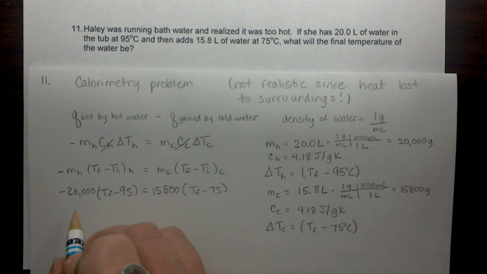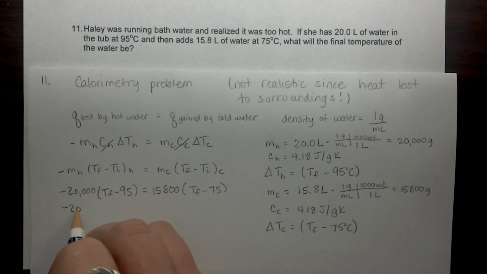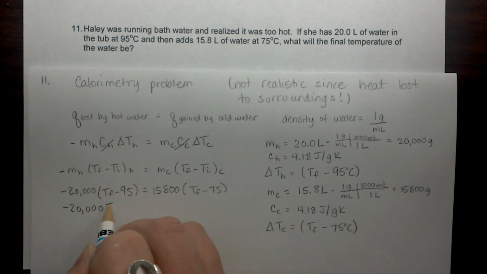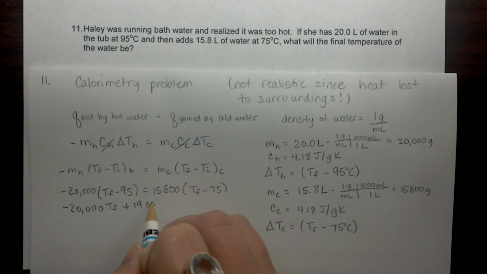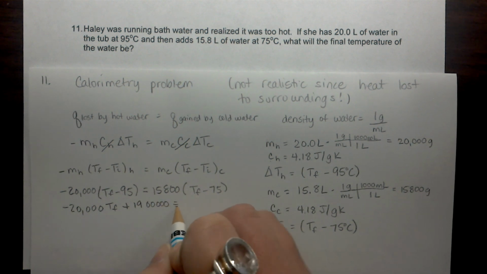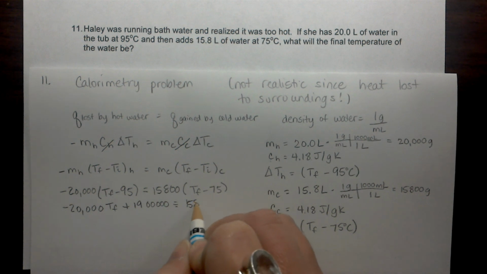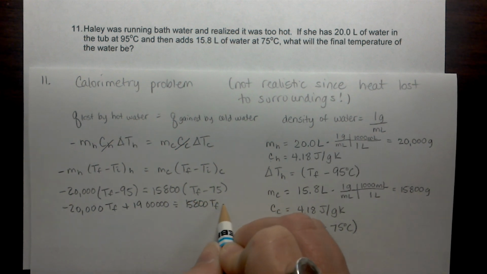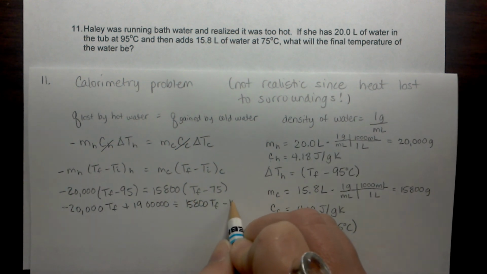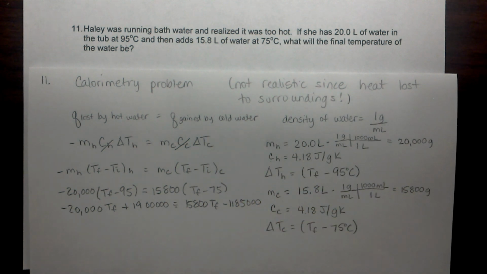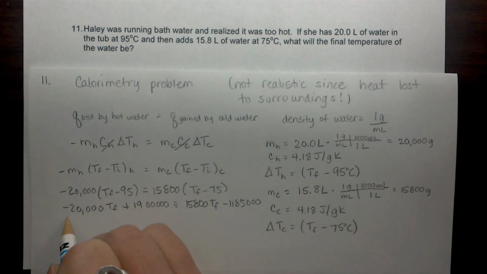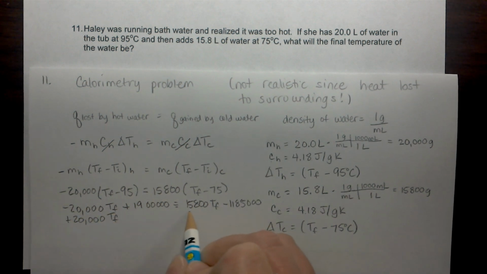All right, and when you multiply that out, 15,800 TF minus 118,000. Okay, now we need to solve for TF, so I'm going to go ahead and add 20,000 TF to both sides.